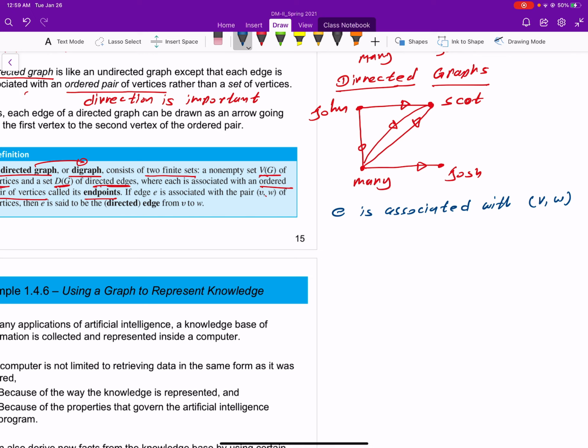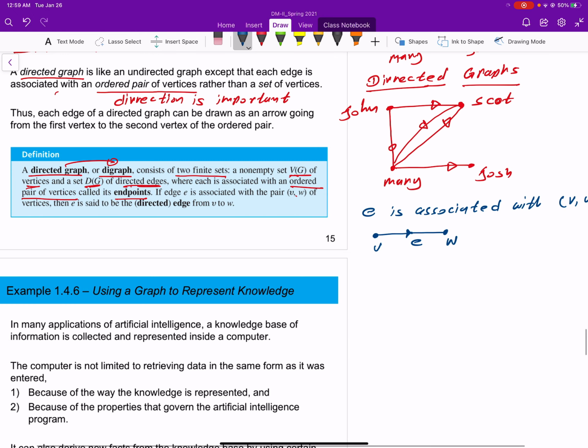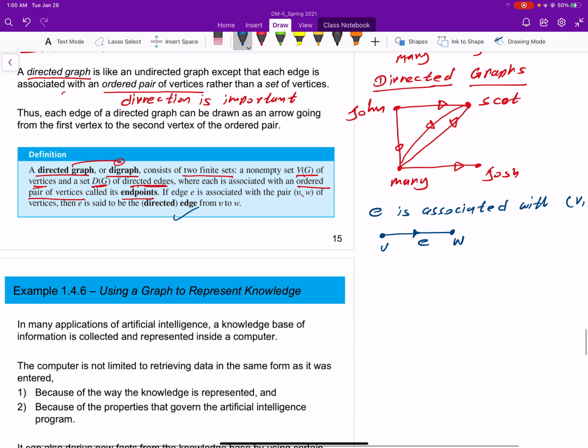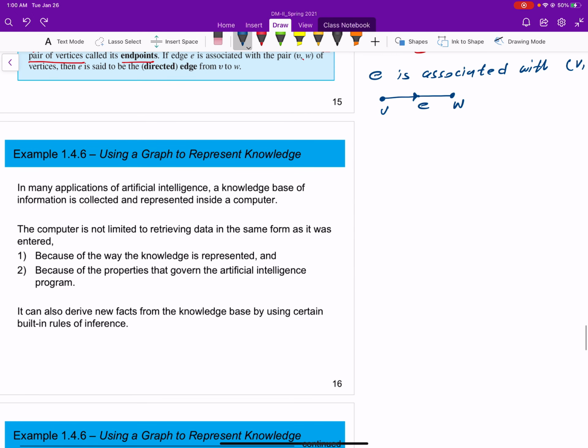That means e runs from v to w. So the arrow is important. e runs from v to w. That's explained right here.